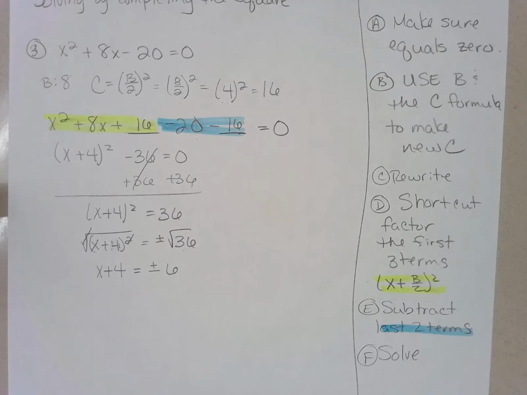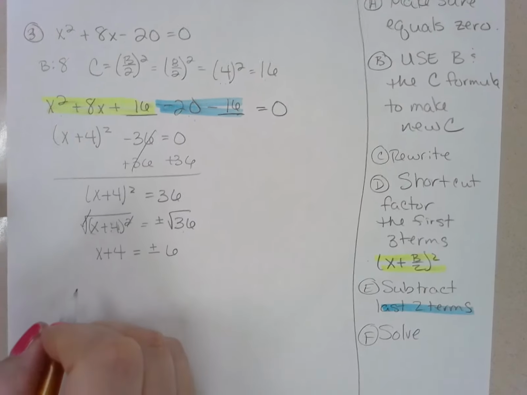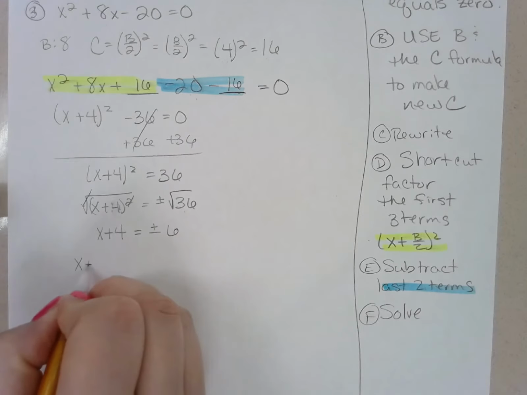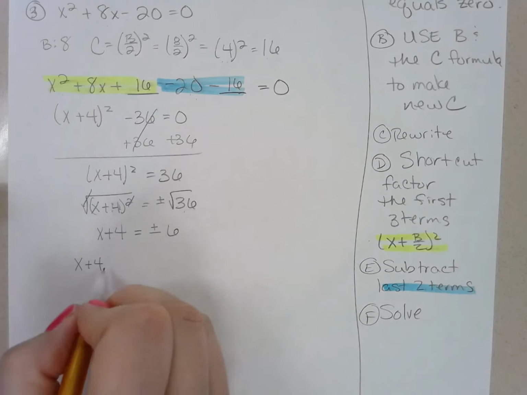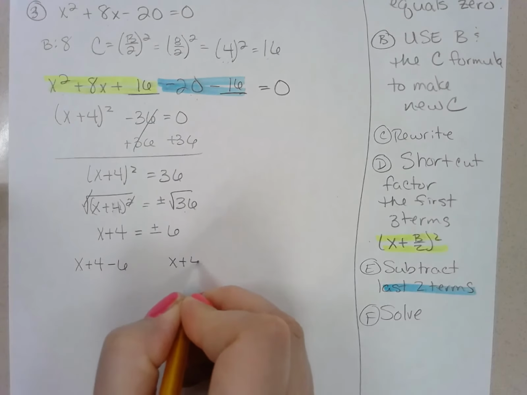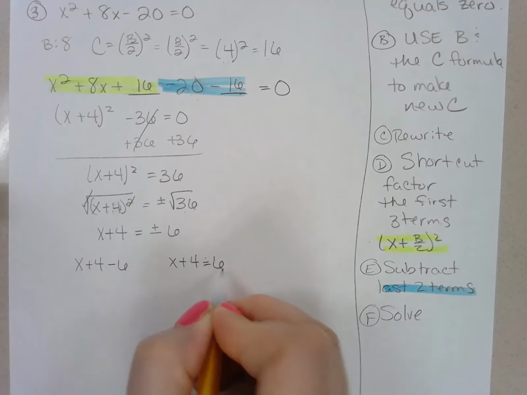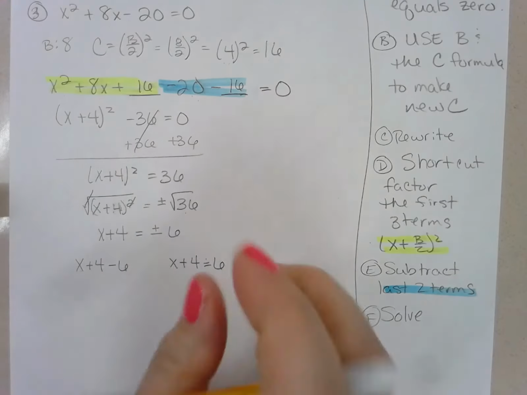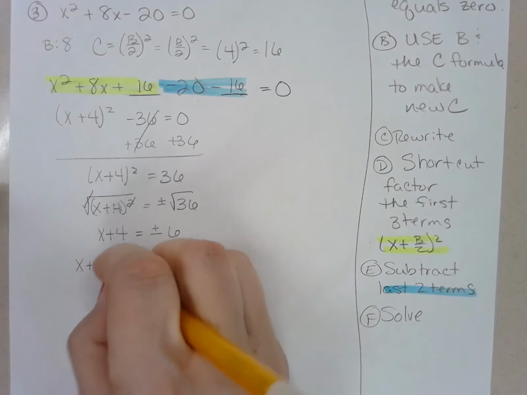So now we have x plus 4 equals plus or minus 6. This is where we rewrite so that we can solve 2 little one-step equations: x plus 4 equals a positive 6, and x plus 4 equals a negative 6, not just minus 6.